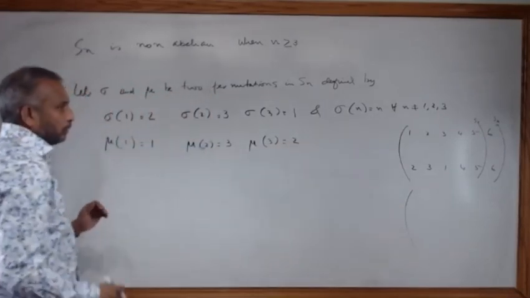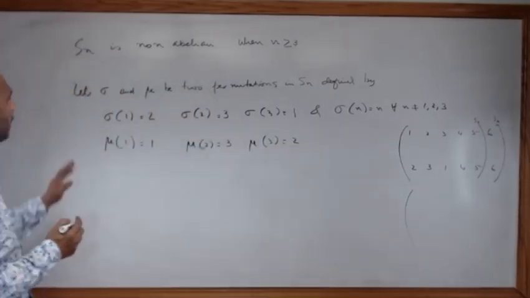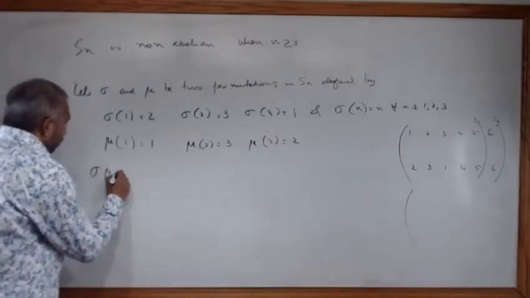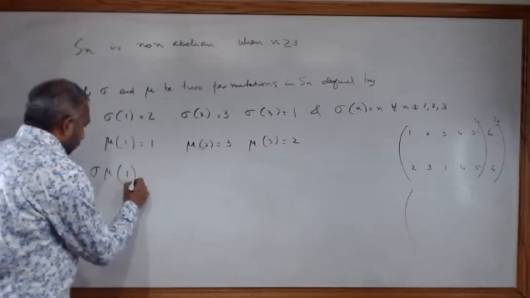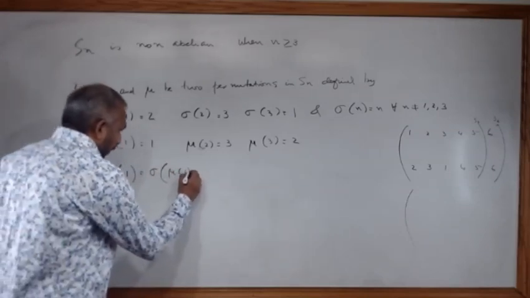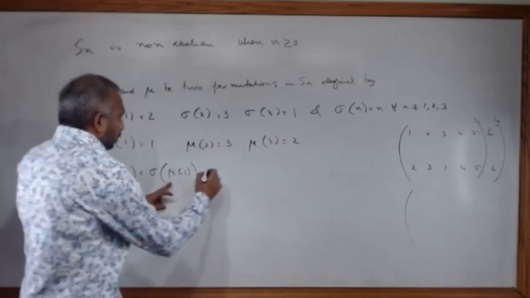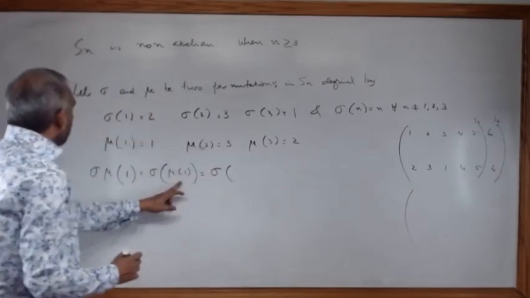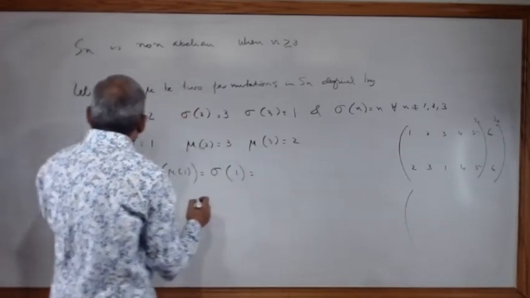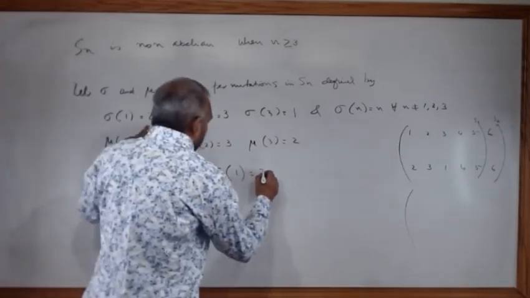Now we'll see sigma mu of 1 is equal to sigma of mu of 1, and mu of 1 is 1, and sigma of 1 is 2.